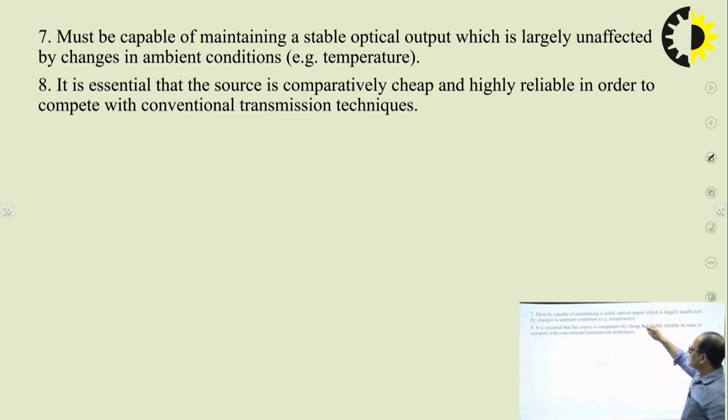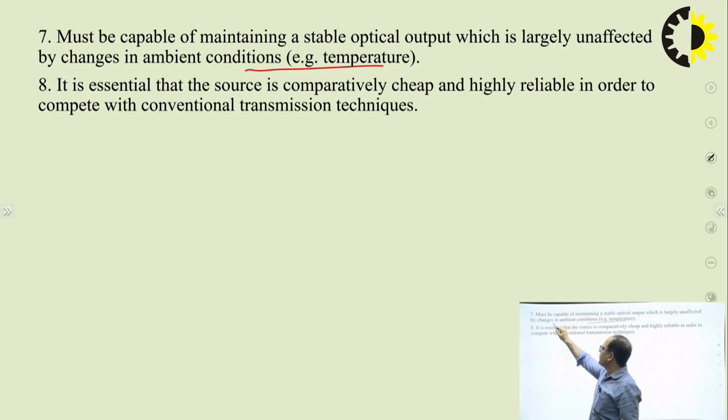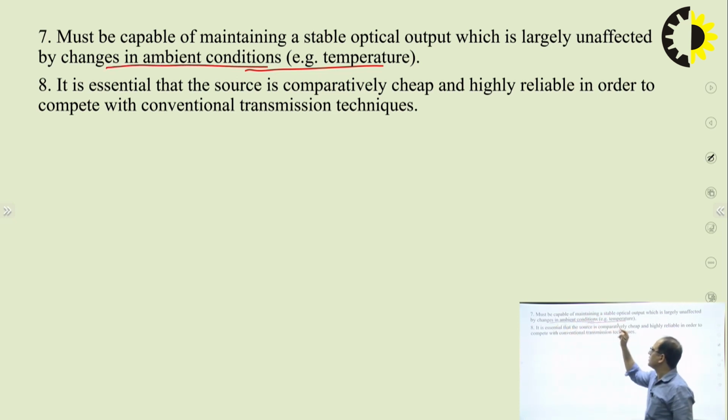The next requirement is that it should not be sensitive to temperature, meaning the output should be stable and unaffected by changes in ambient conditions like temperature.